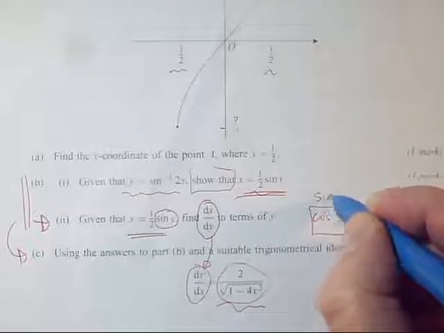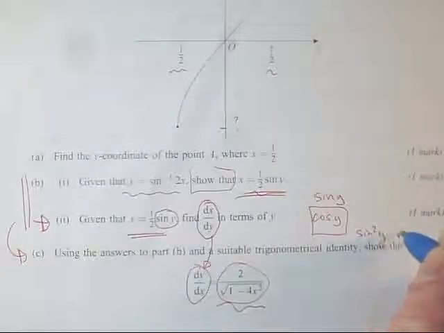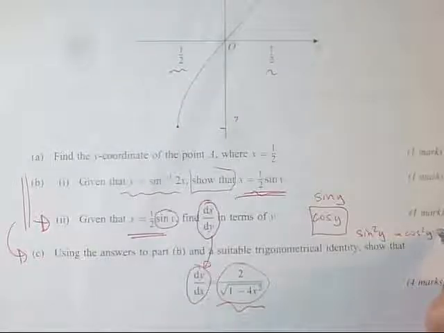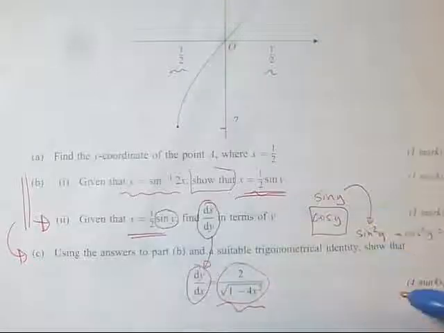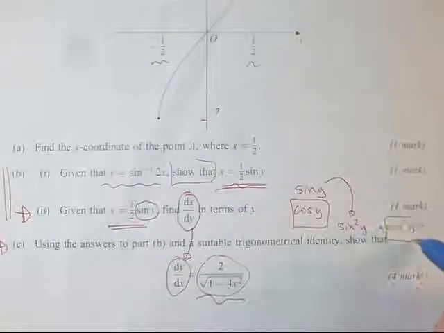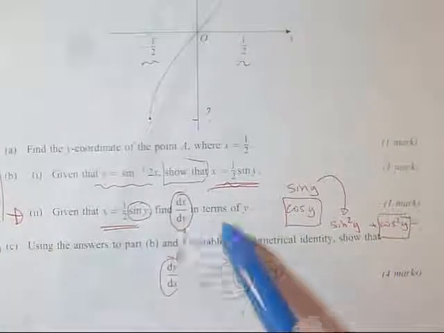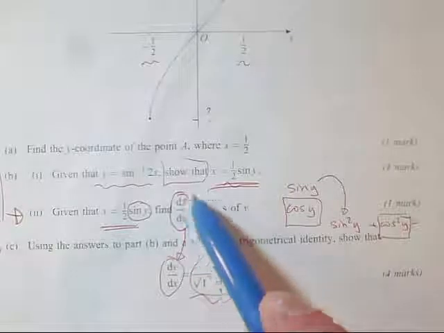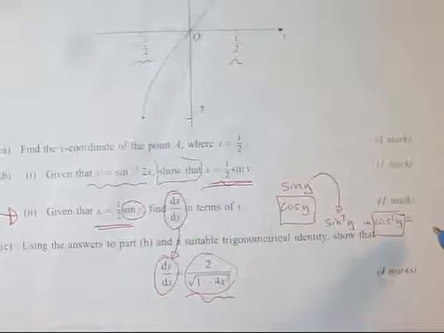If I know what sine y is, and I know something about sine squared y plus cos squared y and what that equals, then I can substitute what I know sine y is into that part there. And then I can make cos y the subject of the formula, so that the cos y that I get in my dx by dy I can replace by something that will come out in terms of x, which is what I want.